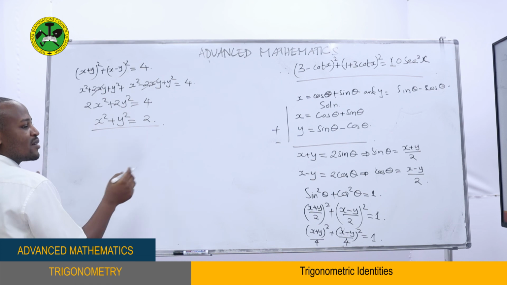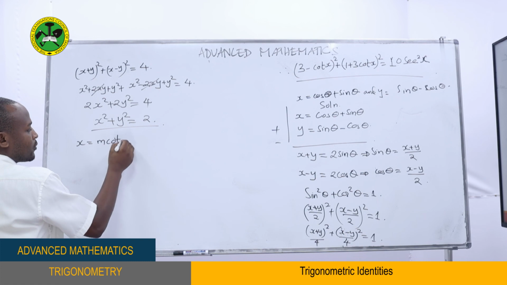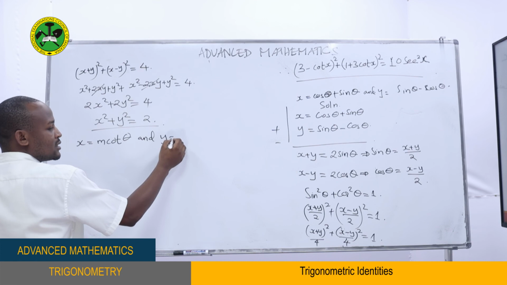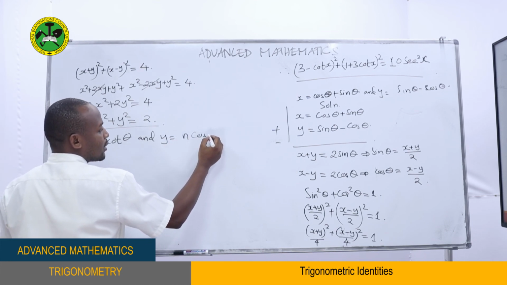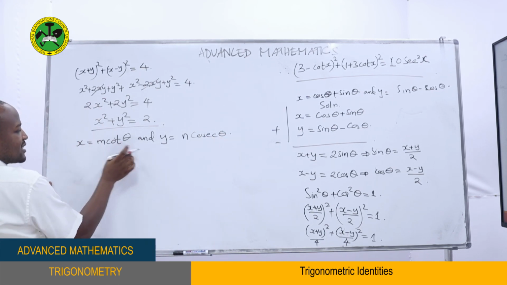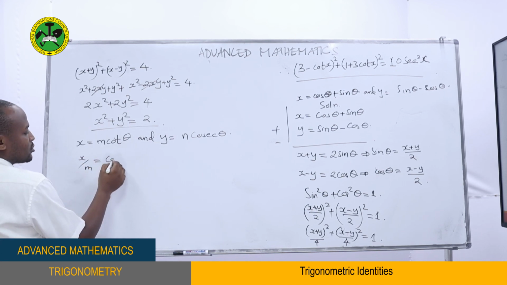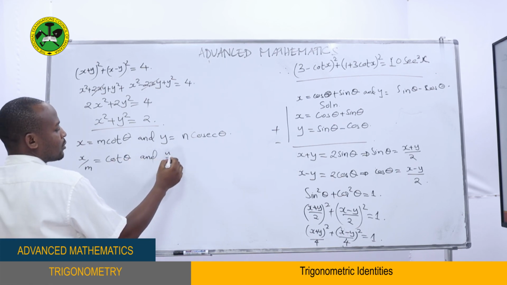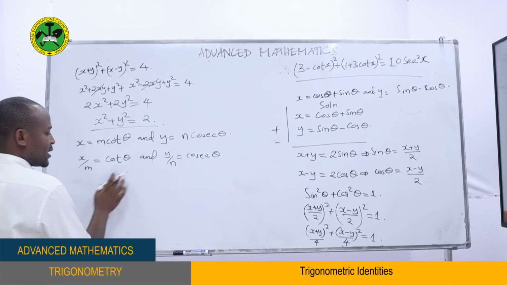Let's see the other example that says remove the parameter theta from x equals m cot theta and y is equal to n cosec theta. Let's make cot and cosec the subject. That means we have x over m is equal to cot theta, and also we have y over n is equal to cosec theta.